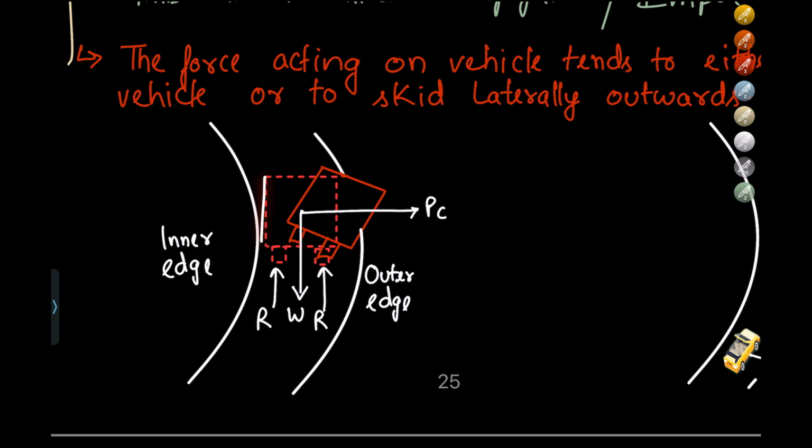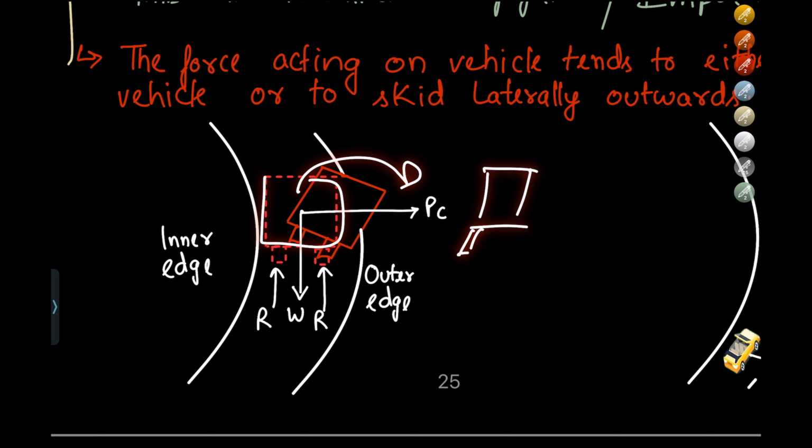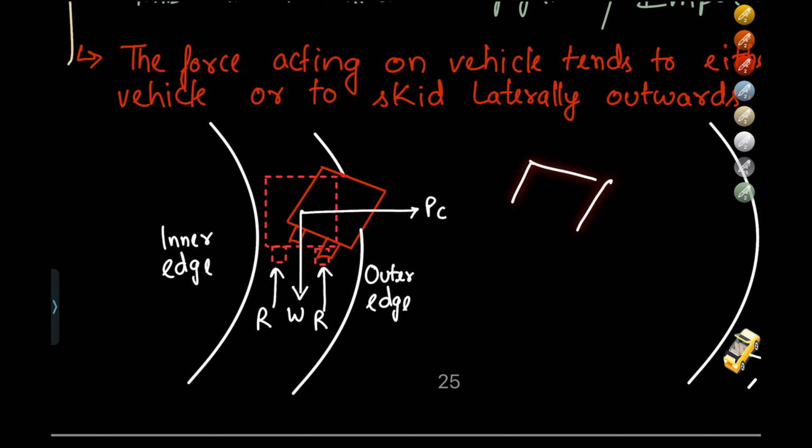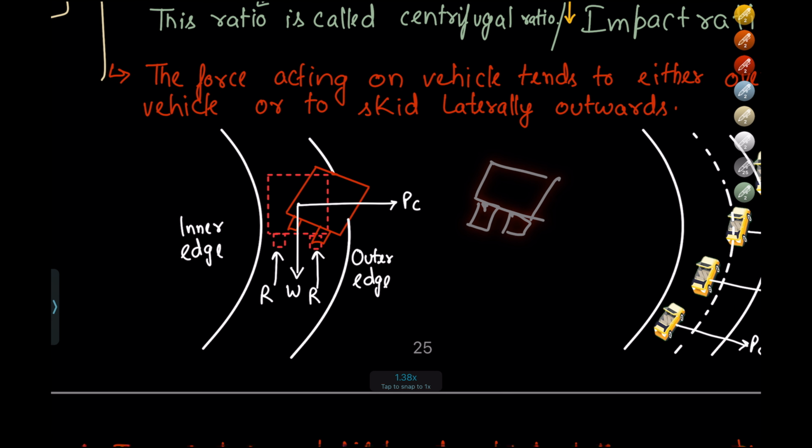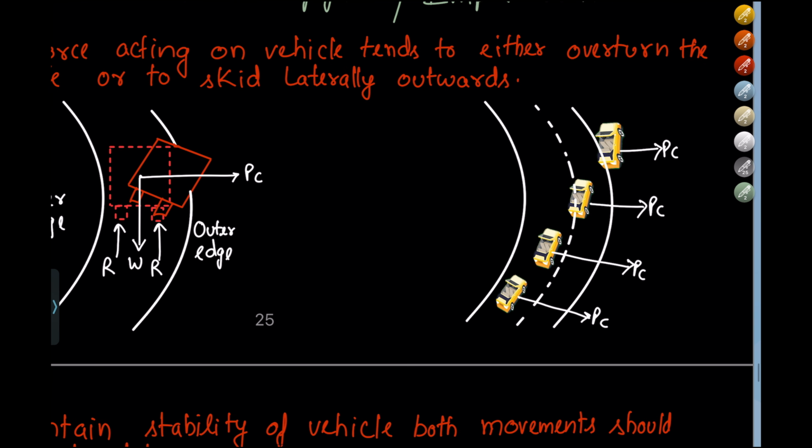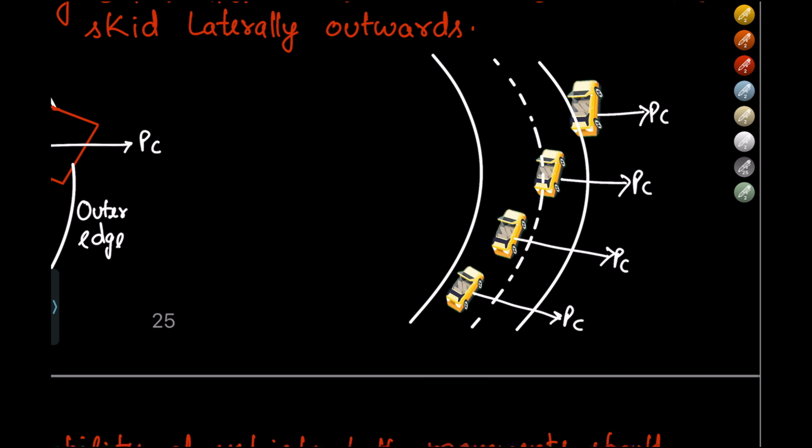The straight moving vehicle would be overturning like this. The other effect would be that it would be pushed laterally outwards, and that will cause the accident.